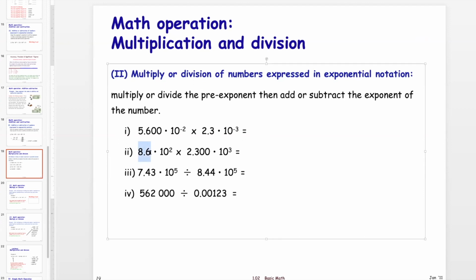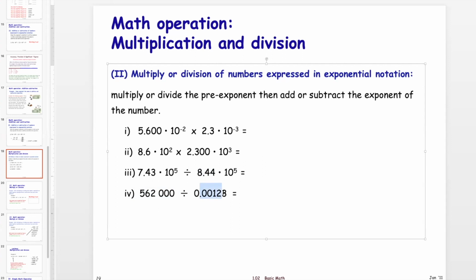I'm not even doing the calculation. All I know is that this is 2 significant figures, this is 4. Your answer's got to be 2 significant figures. This has 3 significant figures, this has 3 significant figures. It's a division. Your answer better be 3 significant figures. This has 3, this has 3. Your answer better contain 3 significant figures.